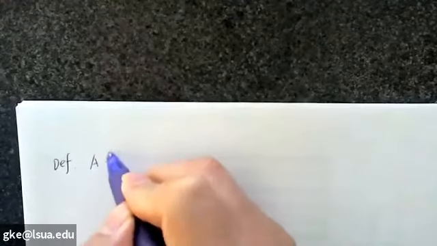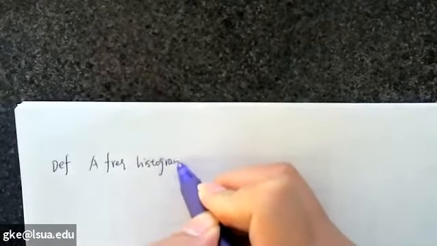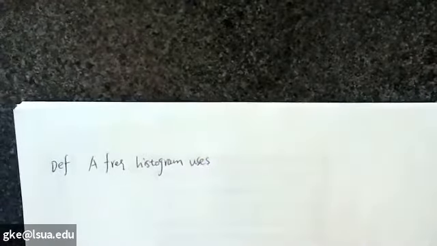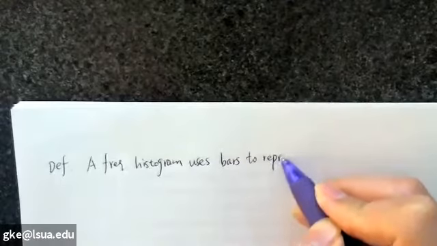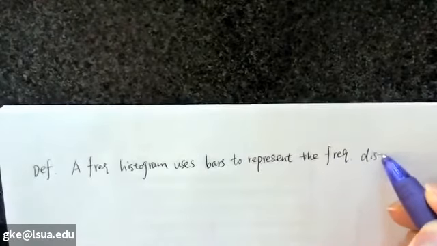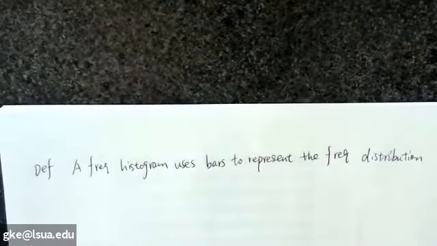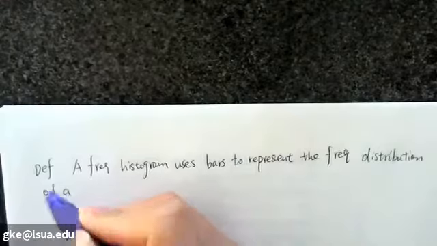A frequency histogram uses bars to represent the frequency distribution of a data set.